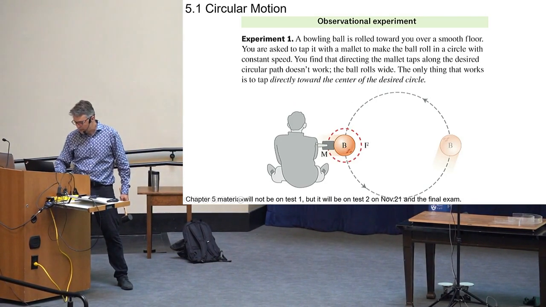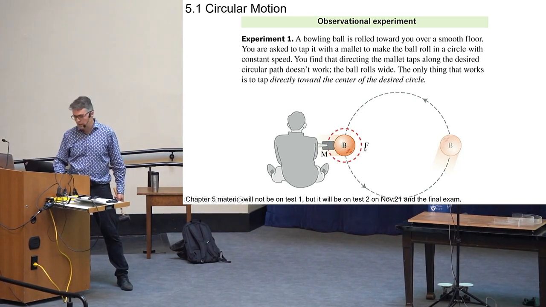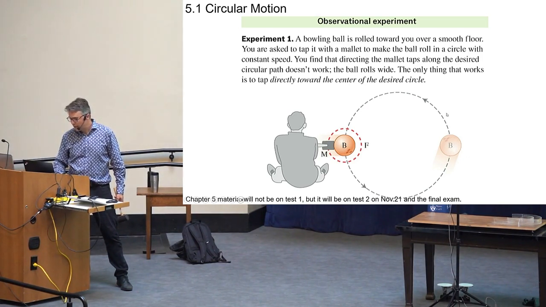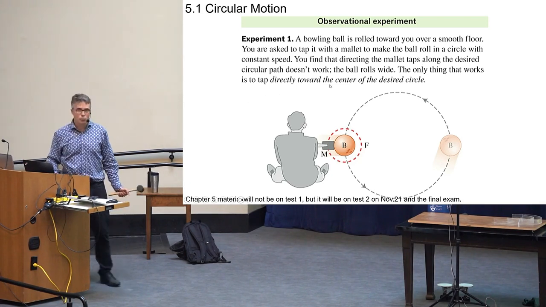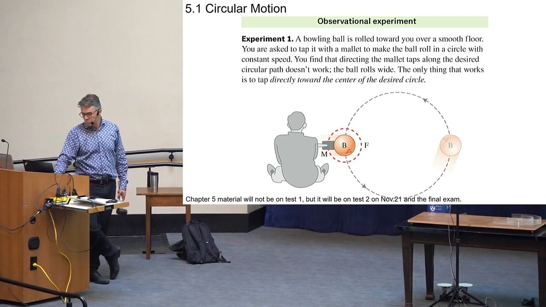I had to hit it on its side to make it turn. Sort of makes sense, right? Here, if it's going from top to bottom, I'm trying to make it turn left. And then I have to continuously tap it. And the only thing that works to get it to go in a circular motion is to tap it towards the center of the desired circular path. You're always turning.